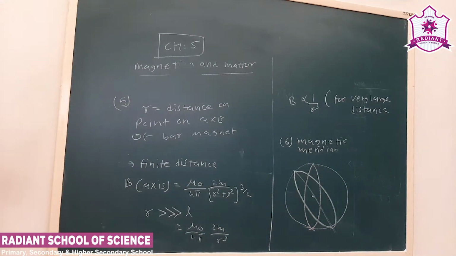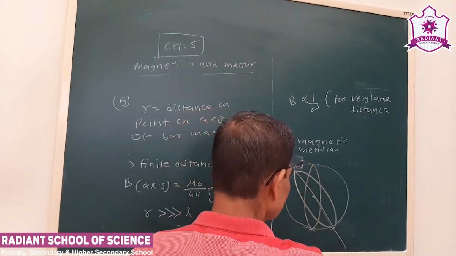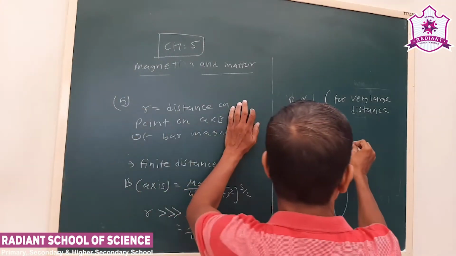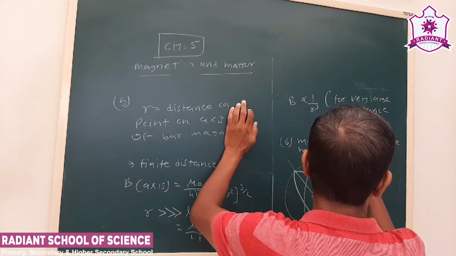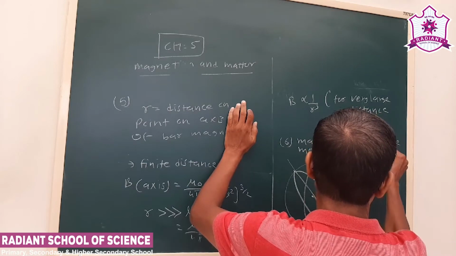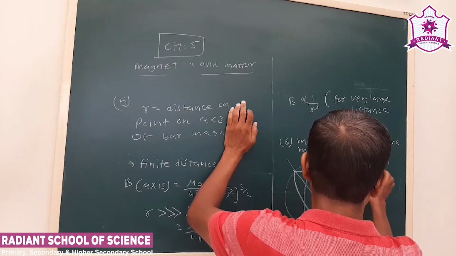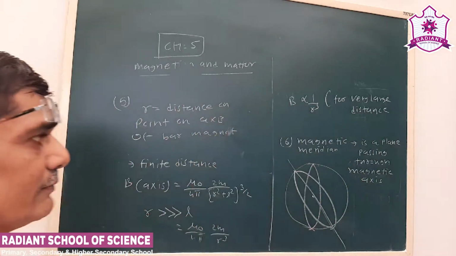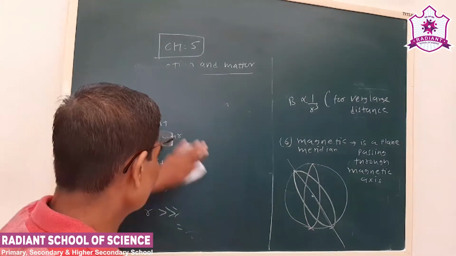Now this line we call the magnetic axis. So the magnetic meridian is a plane passing through the magnetic axis. So that we do keep in mind. That is according to the definition.